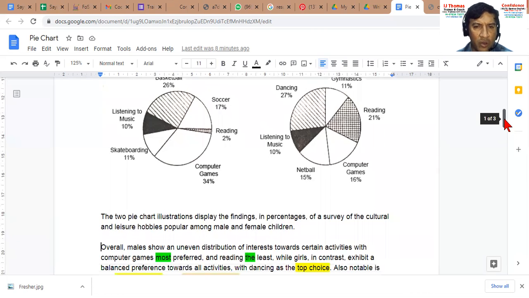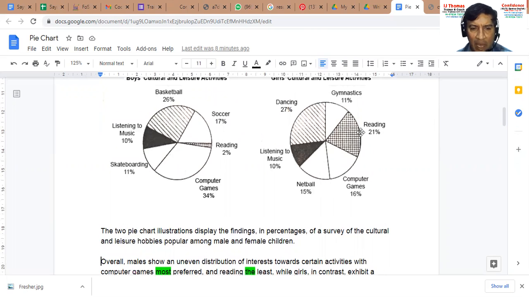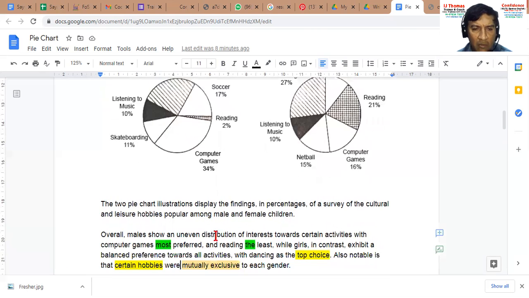But if you notice, when you're saying an overall here, some activities boys are doing are more, some are less. And this is very thin. But if you look at the girls' performance, they are kind of evenly balanced. They're not exactly the same, but they're evenly balanced. So that's why I'm saying overall the males show an uneven distribution of interests towards certain activities.